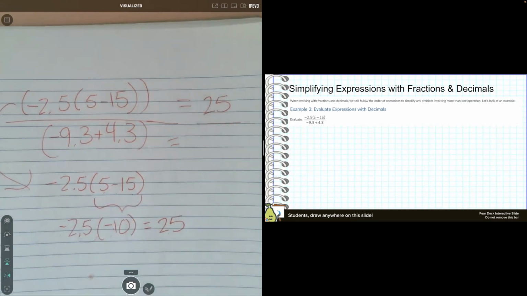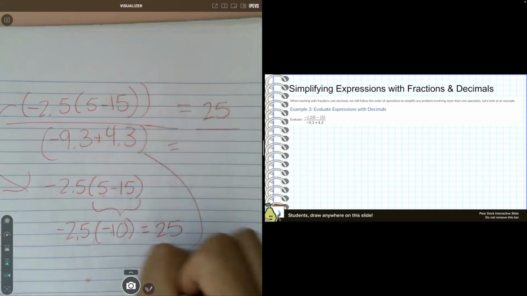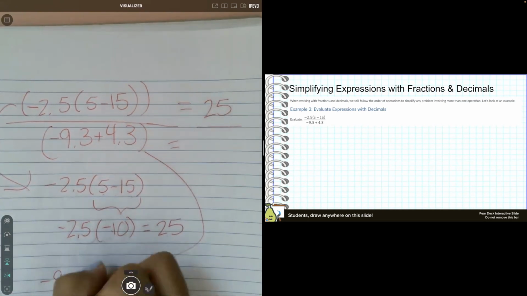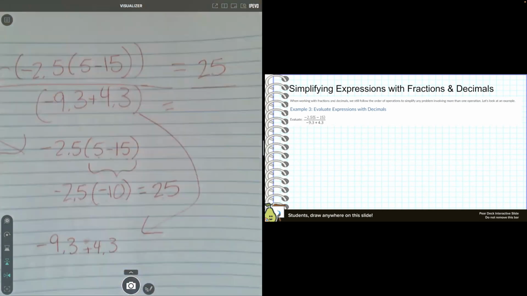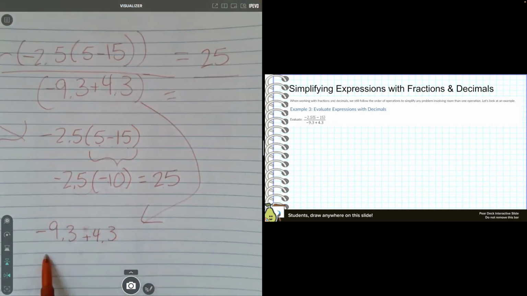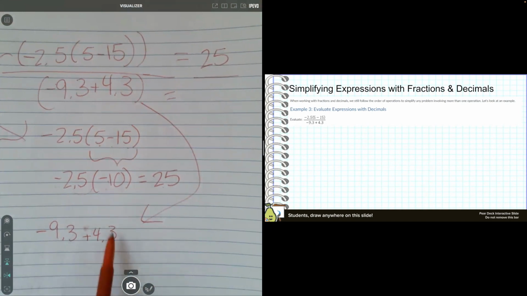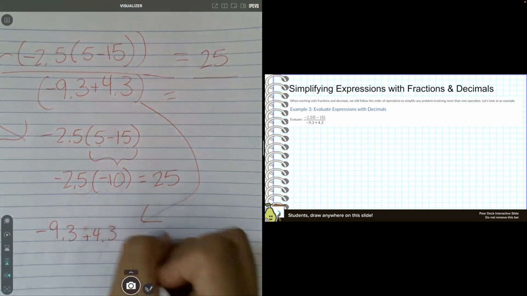Then I have the denominator to solve. So negative 9.3 plus 4.3. I have negatives and positives here being added. I have more negatives than positives. How many more negatives do I have? 9.3 is 5 more than 4.3.